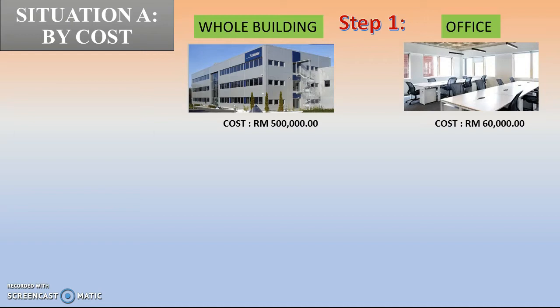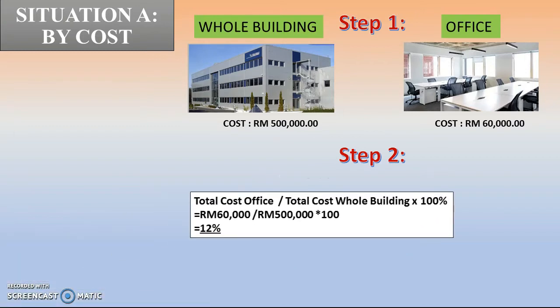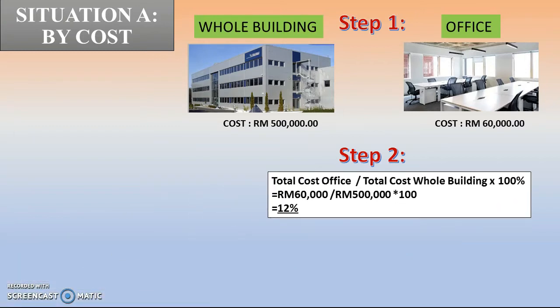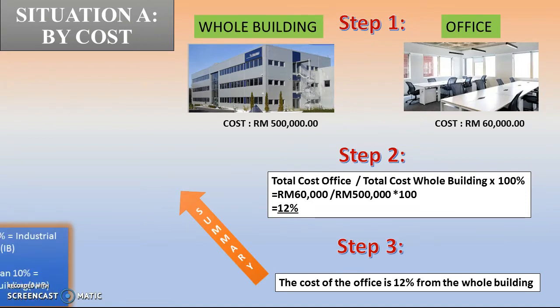In this case, the cost of the whole building is 500,000 and the office is 60,000. Step 2, you calculate the total cost of the office divided by the total cost of the whole building times 100%, which is 60,000 divided by 500,000 times 100%, and you will get 12%. Step 3, the cost of the office is 12% of the whole building.